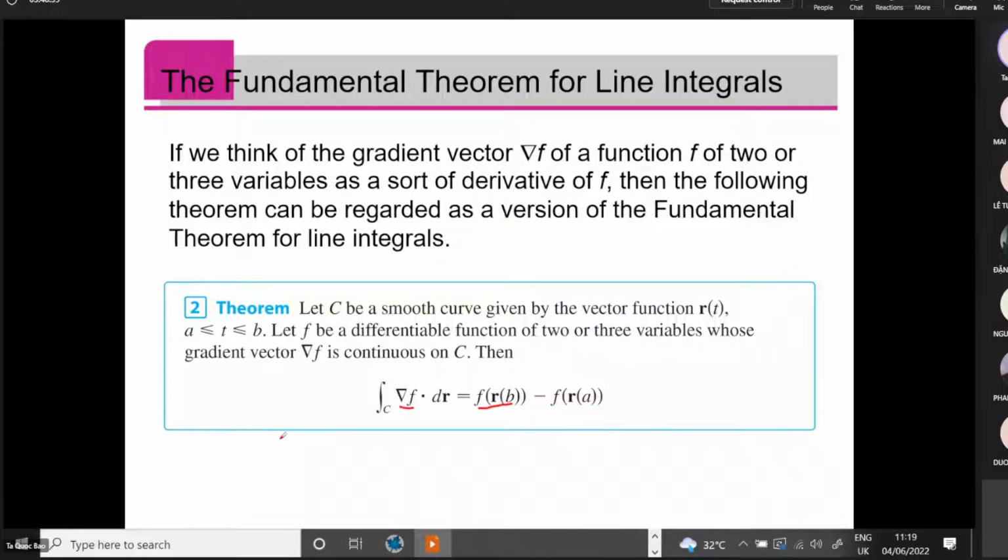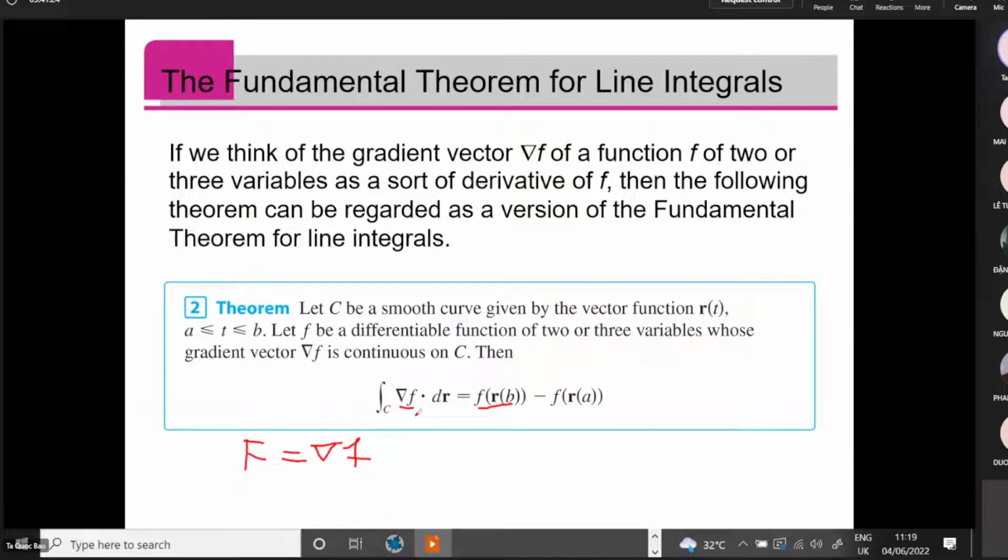Okay, so now you can see we have this formula. If the vector field F is conservative, it means that there exists a potential function f such that F is the gradient of f.